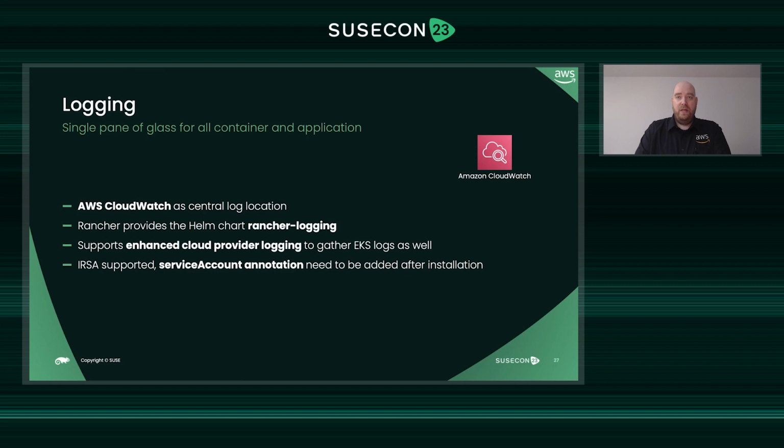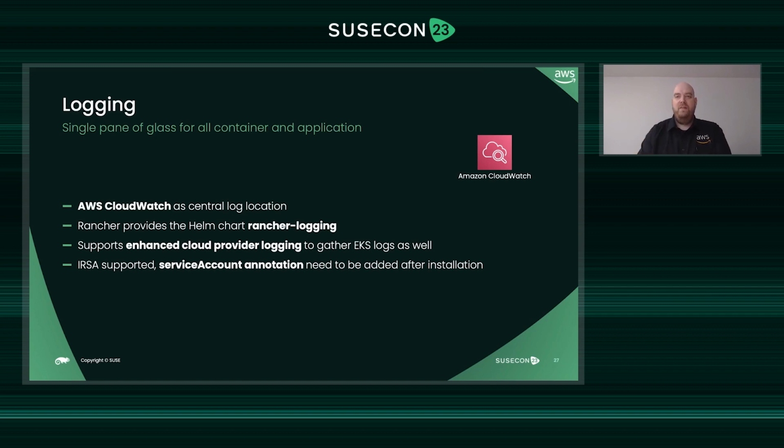It's quite similar with logging. We use AWS CloudWatch as our central log location. Then we have the Rancher logging Helm chart, which is based on the Kube logging operator and uses Fluent Bit to collect and Fluentd to actually forward the logs.